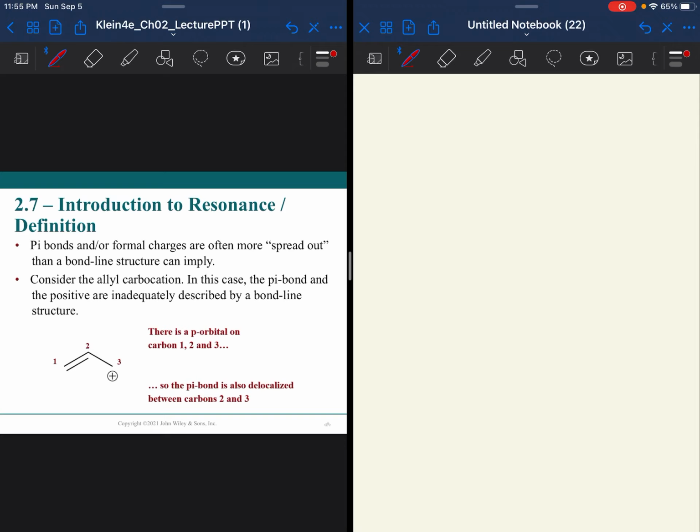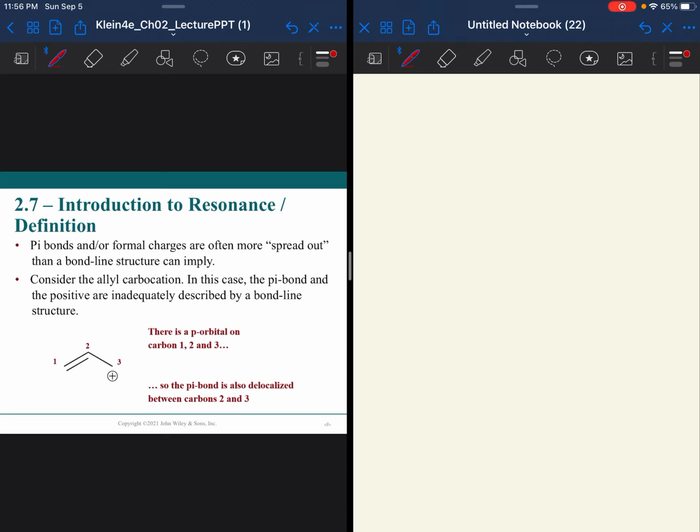Okay, so resonance is something that we're often introduced to in general chemistry, but we often need a little bit of a refresh. So when we talk about Lewis structures and bond line structures, we are talking about how atoms come together and share electrons.